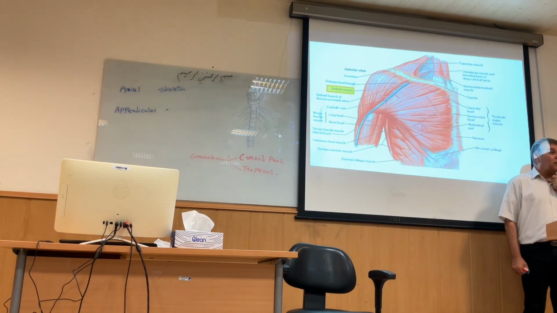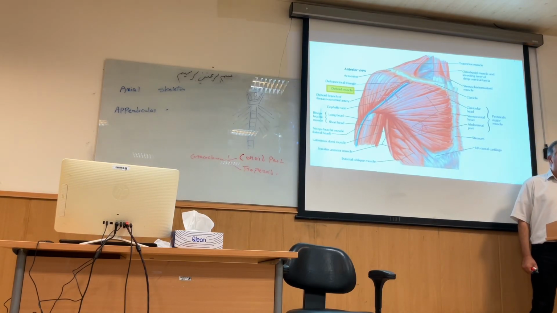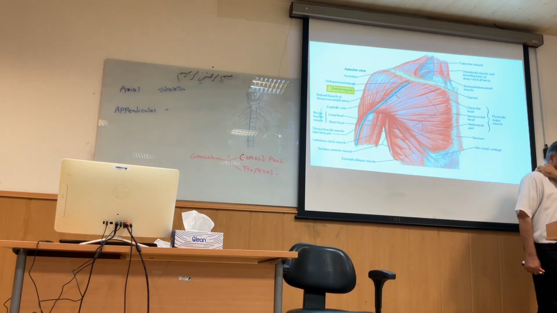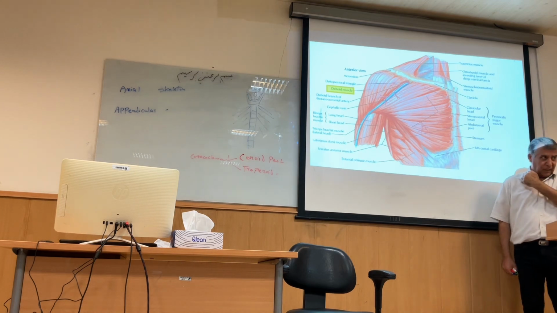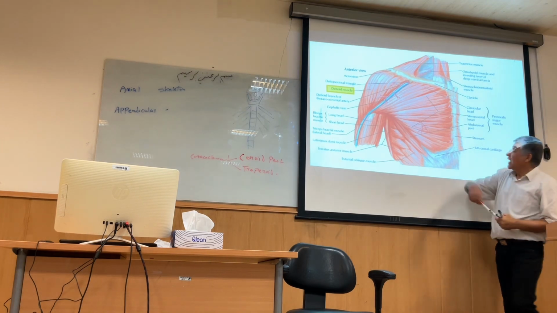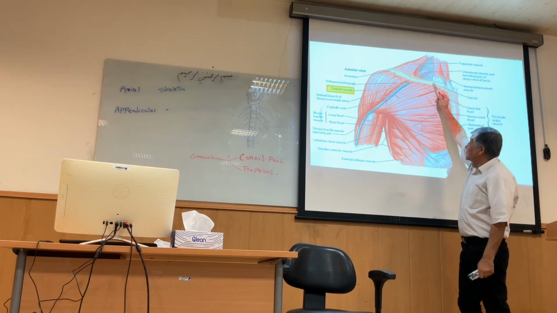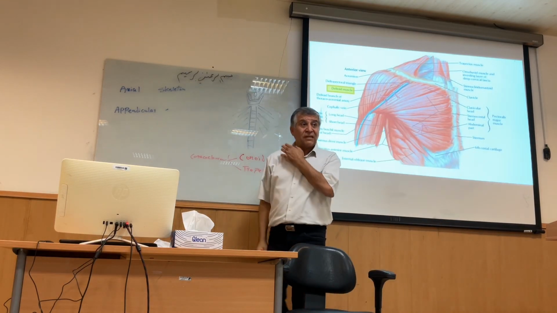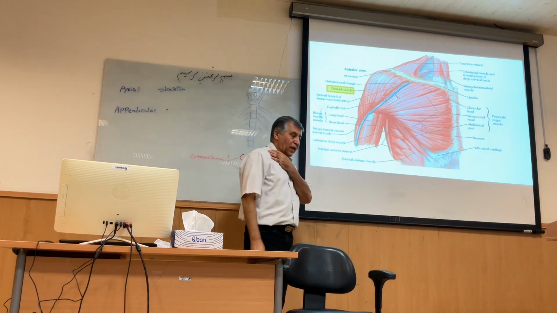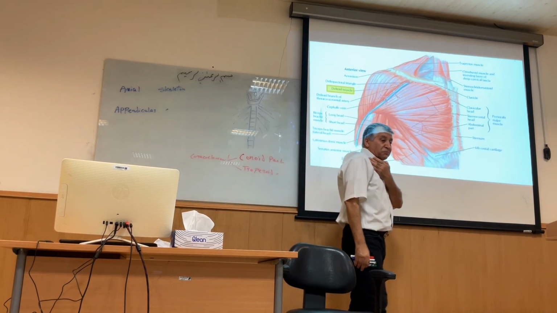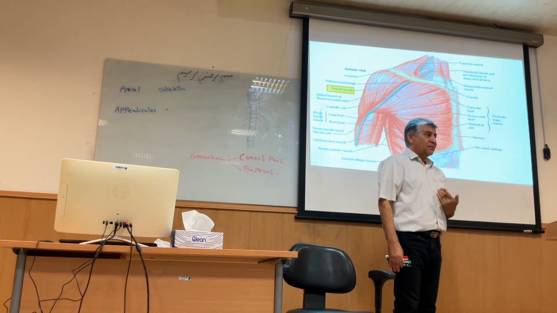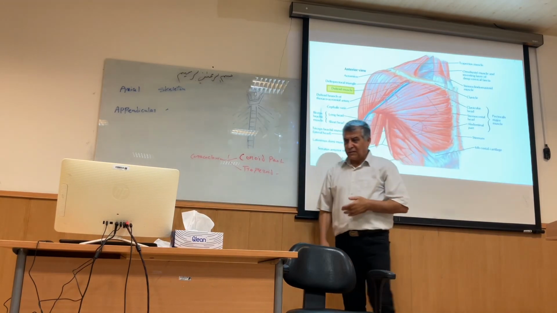Sternocleidomastoid. Cleido means clavicle. And this muscle? Trapezius. Sternocleidomastoid and trapezius attach to the clavicle. This is very important for transmission of weight from the upper limb to the axial skeleton.